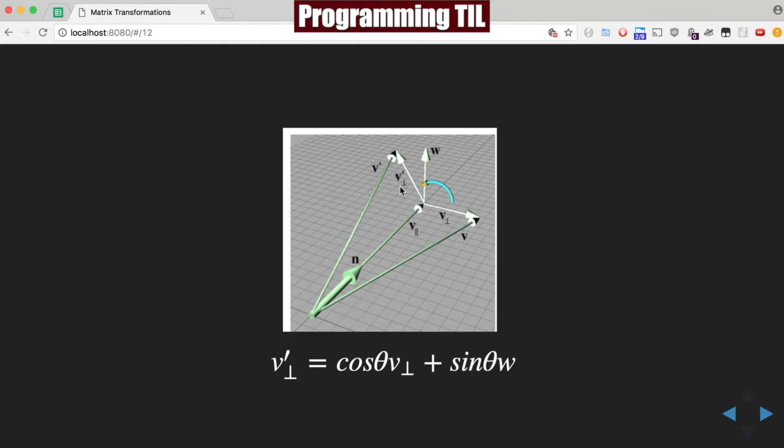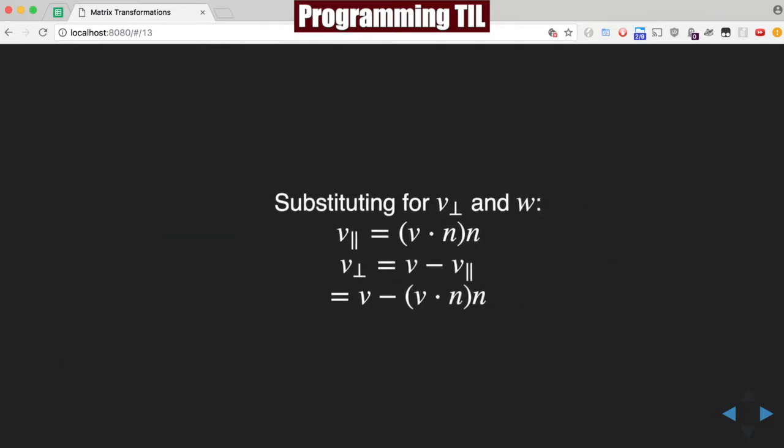So now we have v prime perpendicular up here, and as you recall in our 2D plane example back in the previous episode, we can see that that's just cosine theta v perpendicular plus sine theta w. And that'll give you your v prime perpendicular.